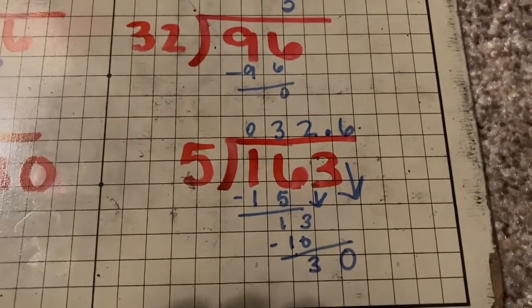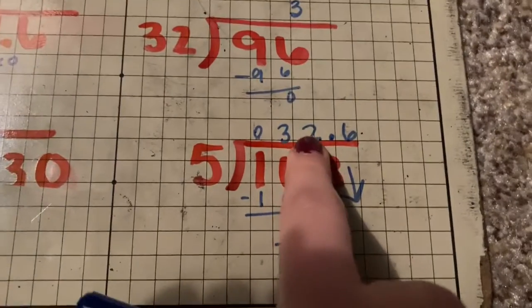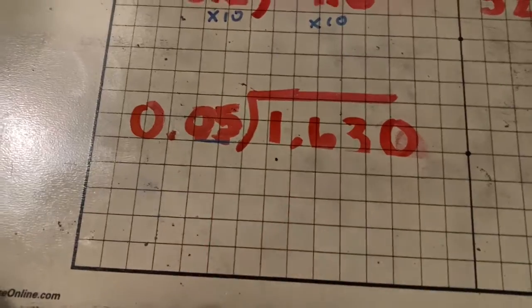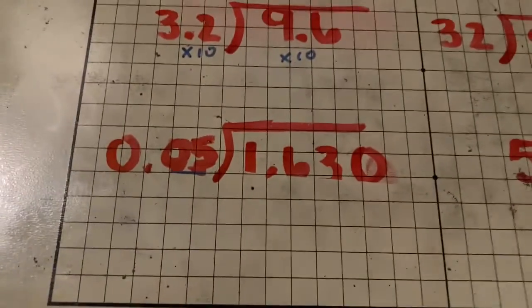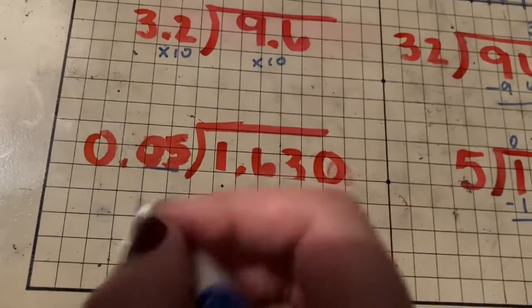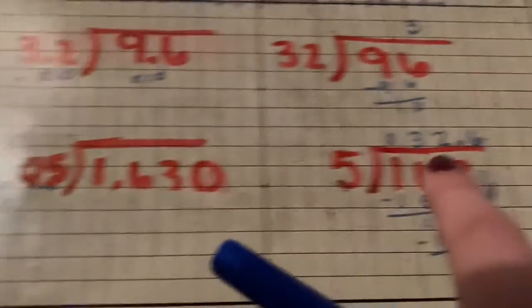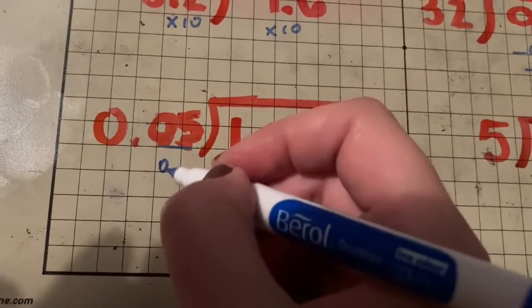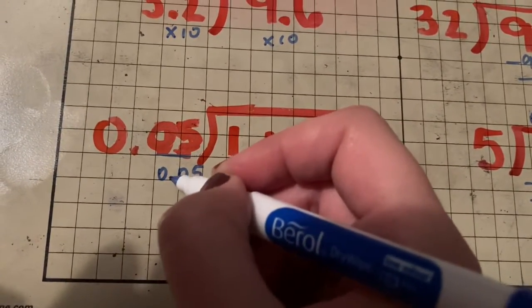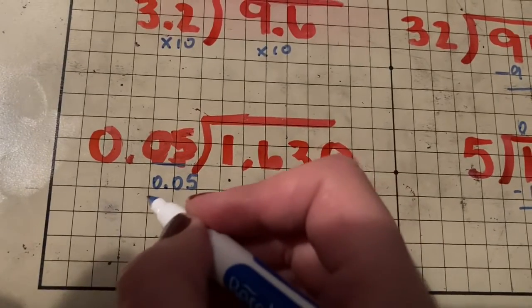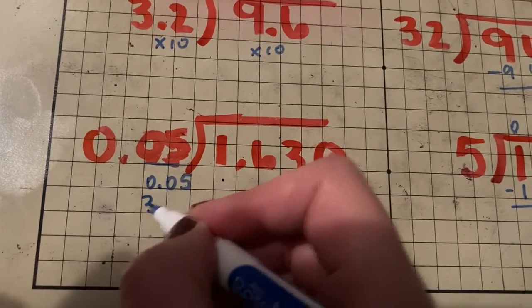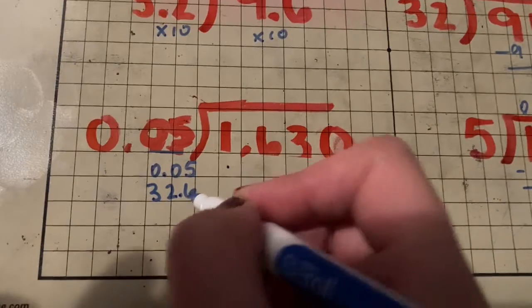Now, I want to check to see, will this quotient work for this problem? The easiest way to check that and make sure we're correct is to take our divisor and multiply it by our quotient. So let's try it out. We have 0.05, 5 hundredths, times 32.6, 32 and 6 tenths.